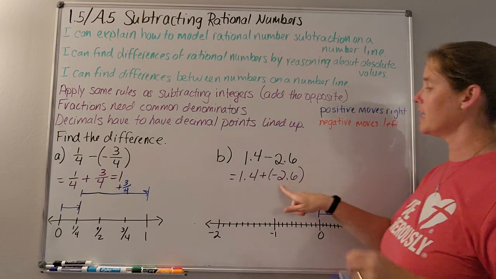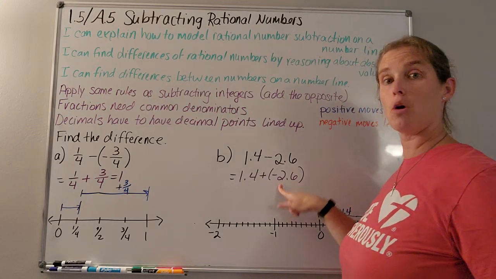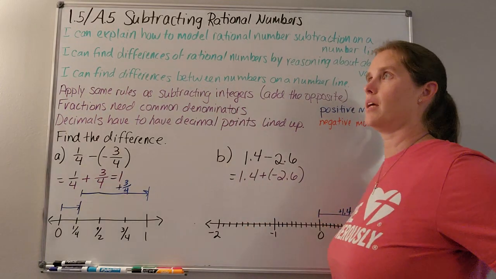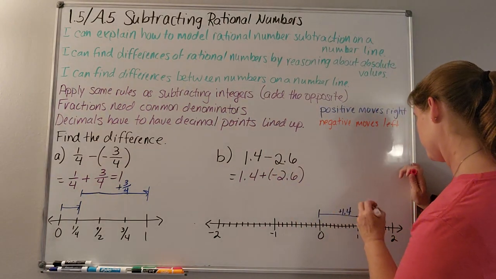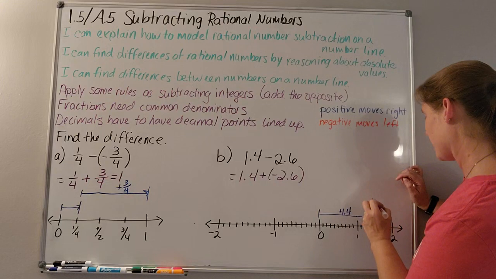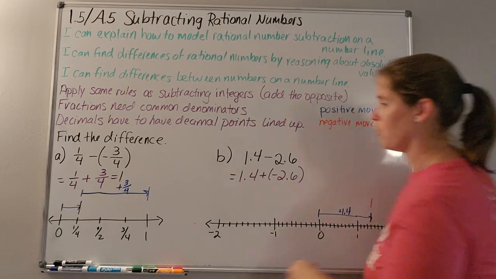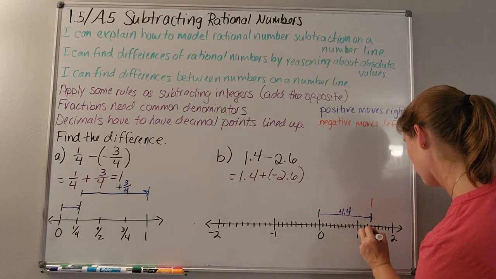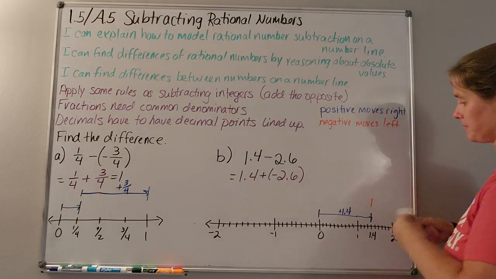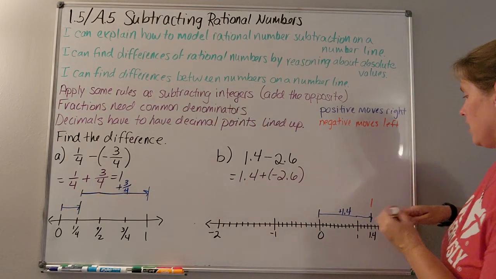But now I'm adding -2.6, which means I have to go back left, grab my handy dandy red marker. There we go. And I'm going to go from 1.4, and I'm going to go back left 2.6 spots. I'm just going to put in 1.4 there so we know where we're at. All right, now I go back.